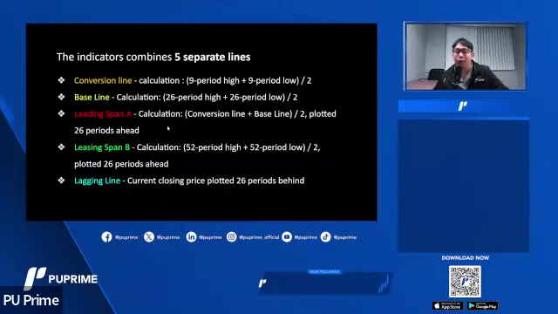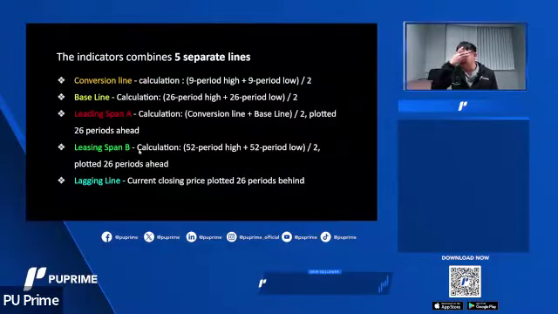Then the second span, leading span B, sorry for the typo, is calculated with the 52-period high and 52-period low divided by 2. So this is like the slow line. But the magic of the Ichimoku is that these two lines are plotted ahead. Later I will show you what it means by plotted ahead. Same 26 periods ahead of the latest price.